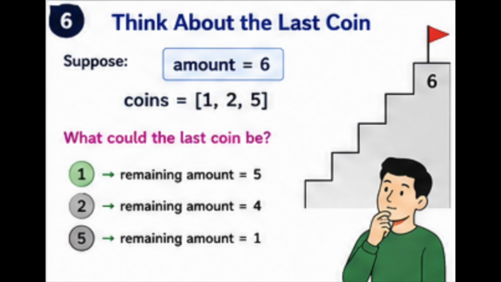Now, if the last coin is 1, then before using that coin, I must have made 5 because 5 plus 1 is 6. Or the last coin could be 2. Then before using it, I must have made 4. And if the last coin is 5, then I must have made 1 first. This gives us smaller problems, and that's exactly what we want.